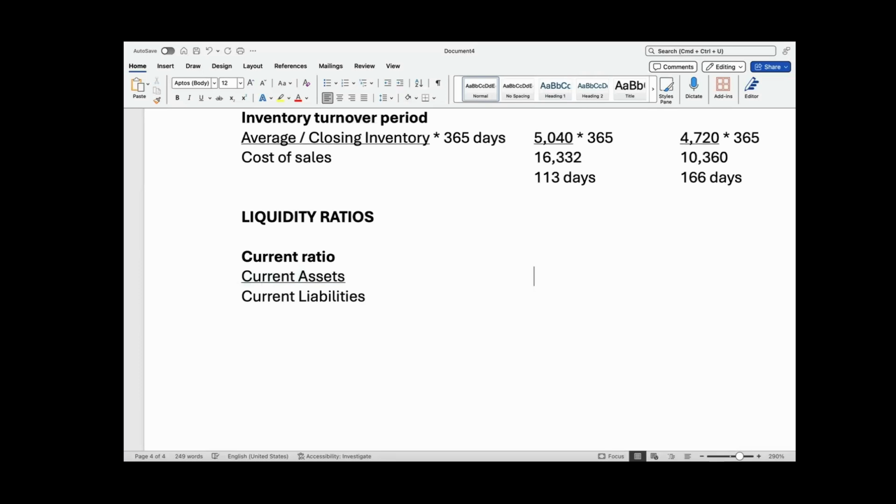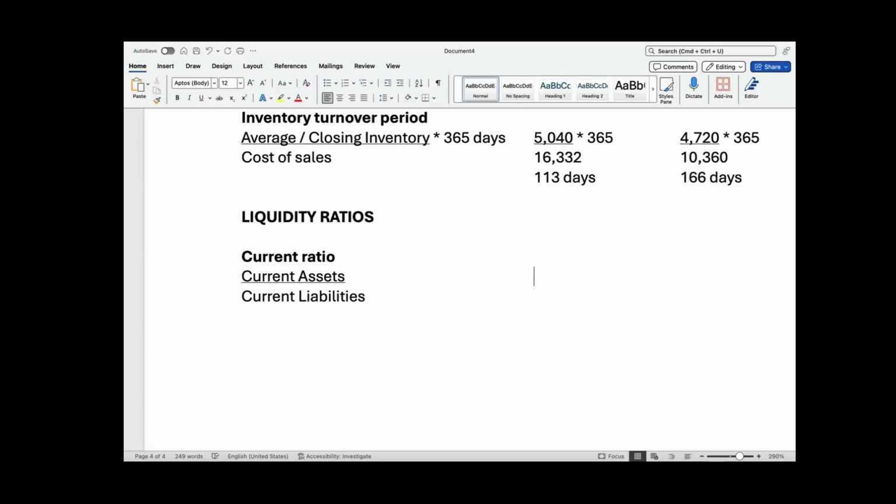It measures the number of times your assets can cover your liabilities. Or it could also be the ability of an entity to settle its current liabilities with its available current assets. And the general standard is 2:1, that at least your current assets should be at least two times your current liabilities.